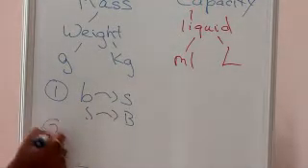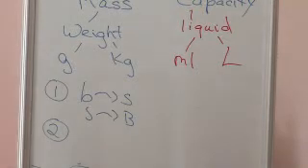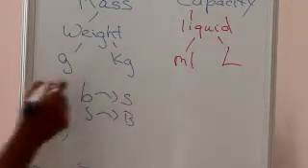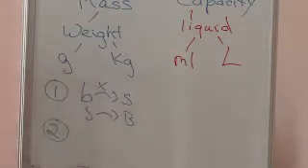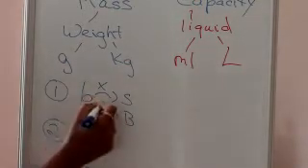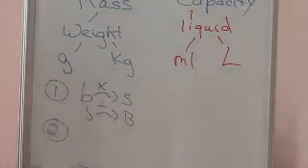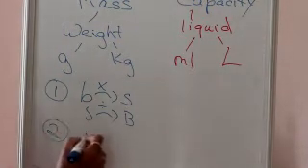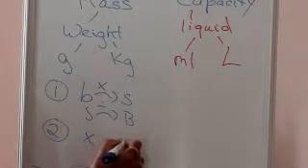Second, once I figure it out, I need to know, am I multiplying or am I dividing? When I go from bigger to smaller, I am multiplying. When I'm going from smaller to bigger, I am dividing. So I have to figure out multiply or divide.